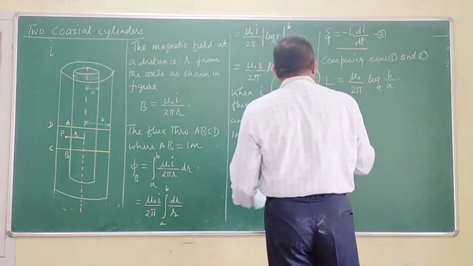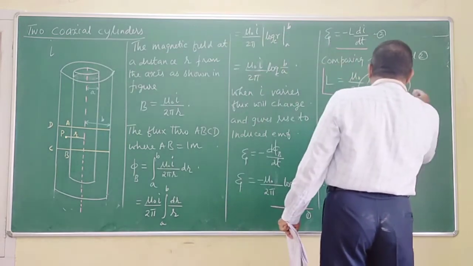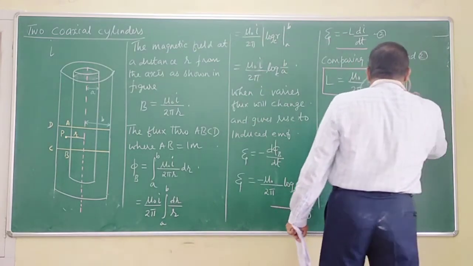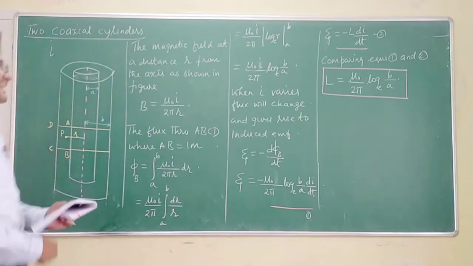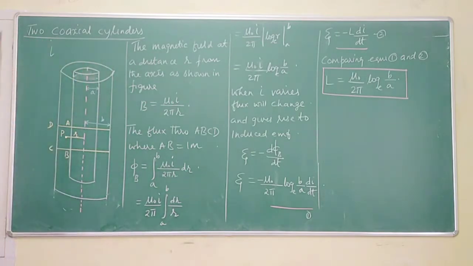That will give me the expression for coefficient of self-inductance of two coaxial cylinders. Coefficient of self-inductance of two coaxial cylinders is given by the expression mu naught by 2 pi log to the base e b by a.